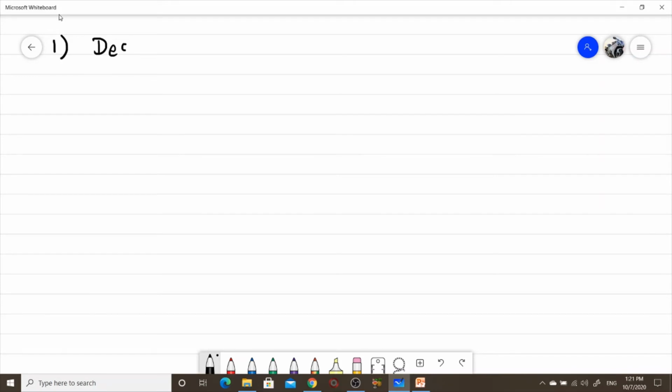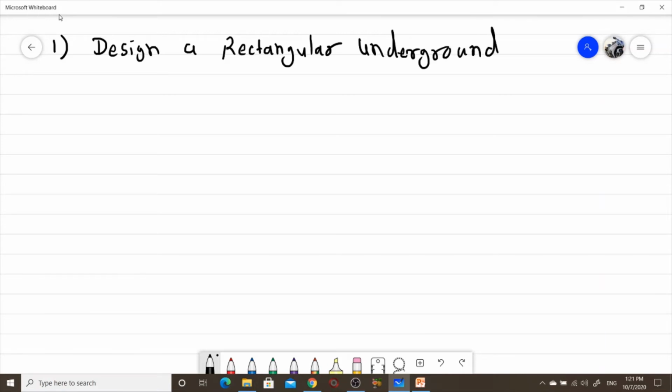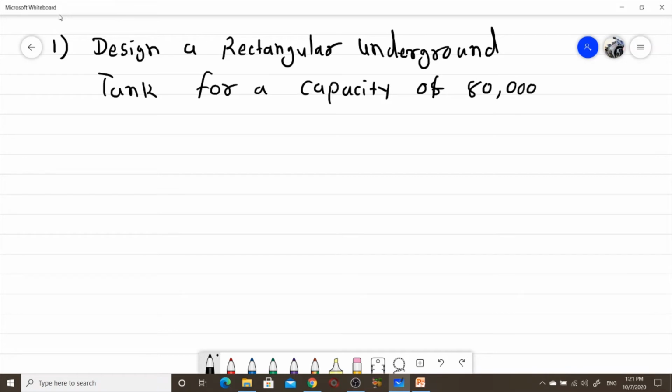Design a rectangular underground tank for a capacity of 80,000 liters.